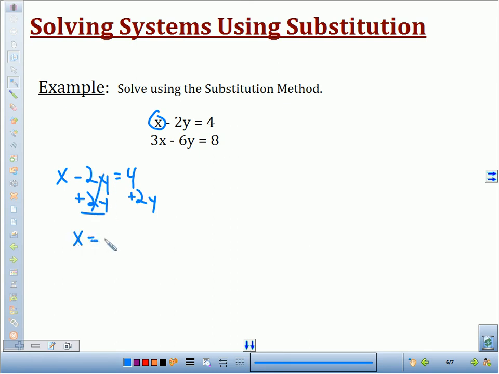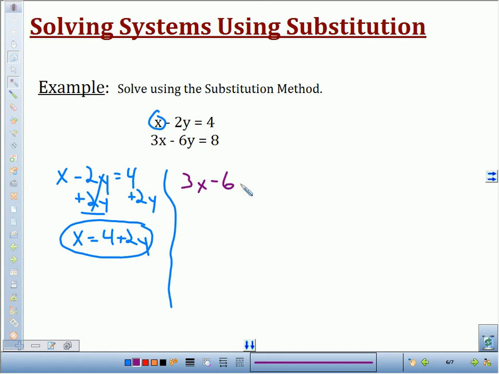And I get x equals 4 plus 2y. That's my first step. Now I have what x equals. So in my second equation, 3x minus 6y equals 8, everywhere I see x, I replace it with the value that I got for x, 4 plus 2y.